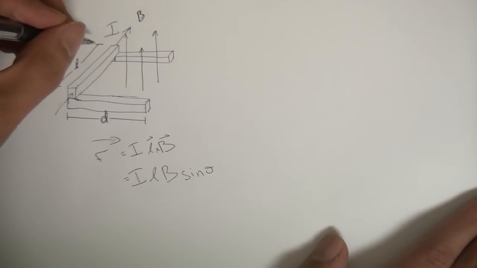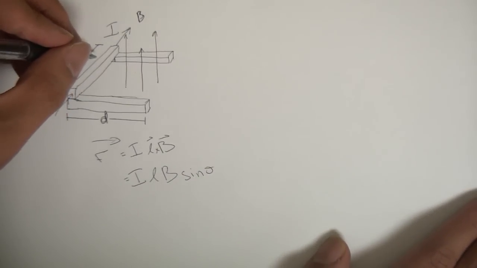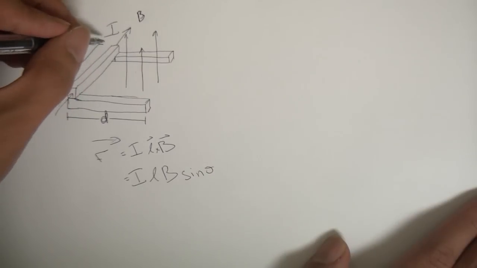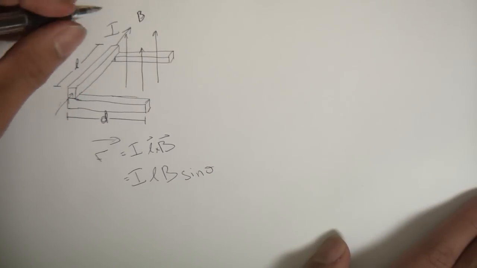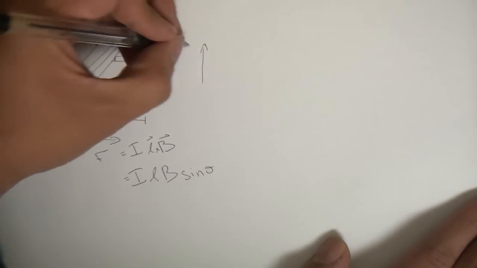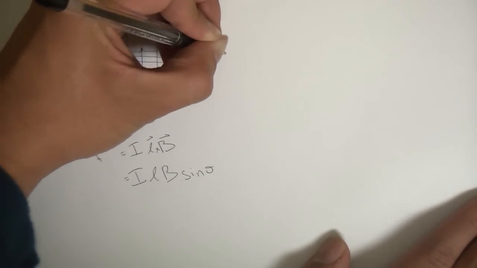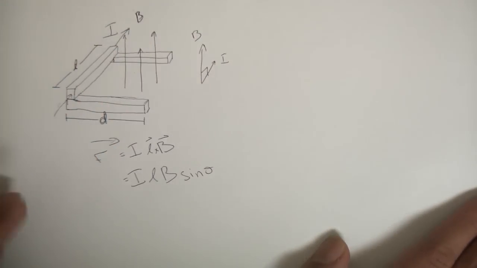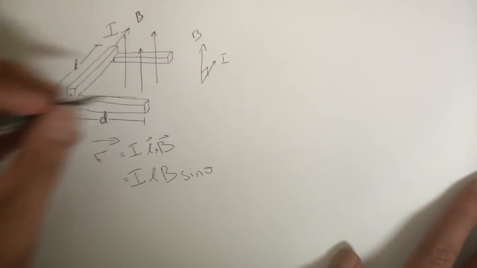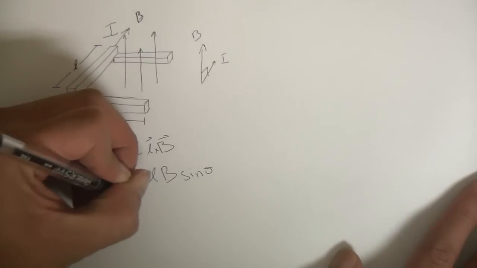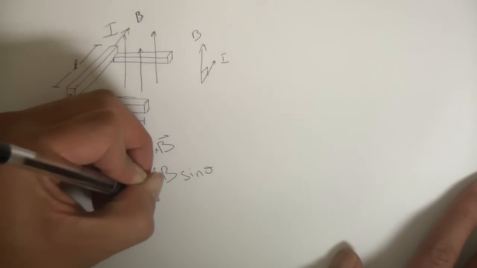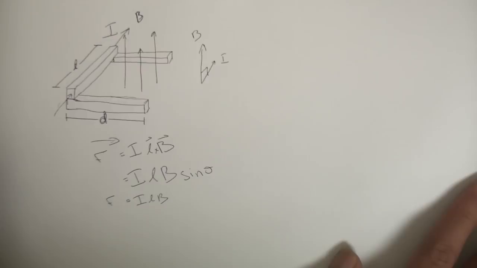But here we can see that the magnetic field is perpendicular to the direction of the current. So it's perpendicular, 90, so sine 90 equals 1. So then we are left with F equals the current times the length times the magnetic field.